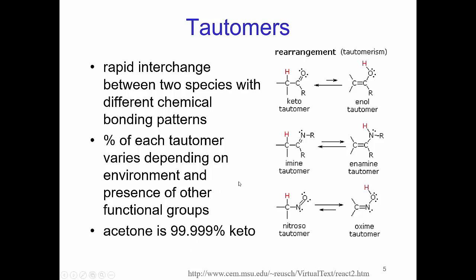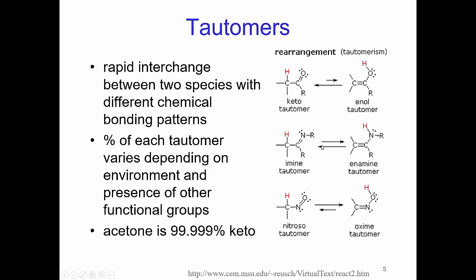Okay, then we have imines. An imine is nothing more than a carbon double bond nitrogen molecule. It's usually formed by having a ketone and an amine coming together through the loss of water. Okay, so that's just chemically how it happens. But imines are compounds, and this is showing what it looks like. And similar to what we have with the keto-enol, we can have an enamine, which is a carbon-carbon double bond attached to an amine.